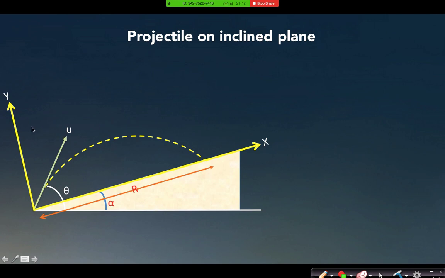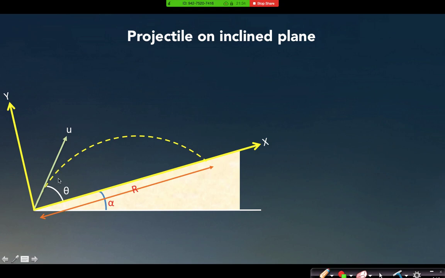But as I have taken this, I have to break all the vectors into components along these two axes, x and y. What are the vectors that I have to break? U vector and acceleration vector.